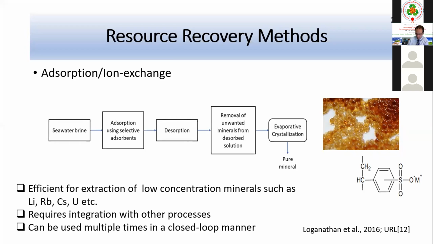So it can be very useful for targeted recovery, but it requires integration with other processes, such as a pre-treatment step for removing high-valency ions like calcium and magnesium, and a post-treatment step like desorption and then recovery from the spent regenerant. But it can be used multiple times if we can regenerate the resin and recycle the regenerant.